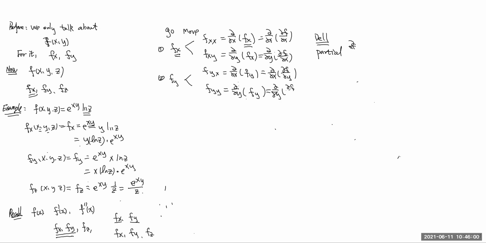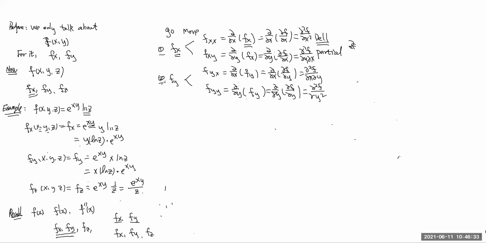Sometimes the book writes partial squared f over partial x squared, partial y partial x, partial squared f over partial y squared. This is just many notations. It's not my fault, we just have to have so much notation.